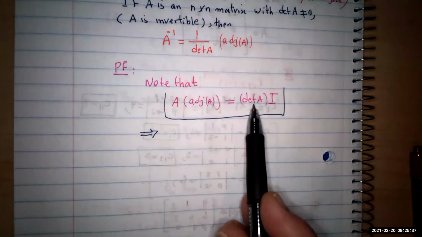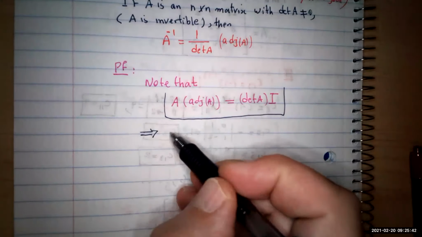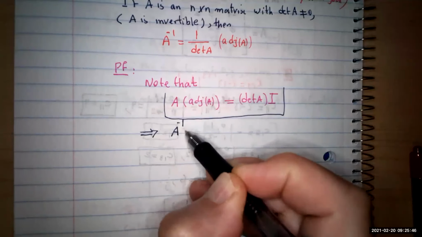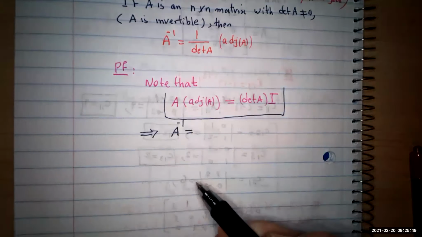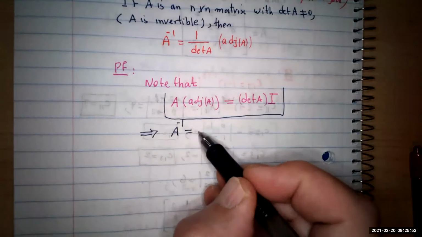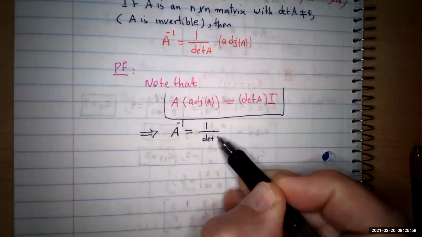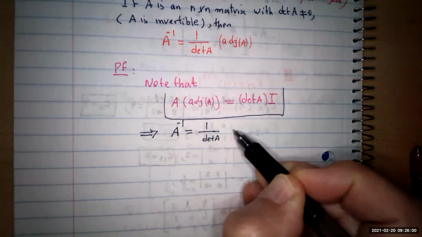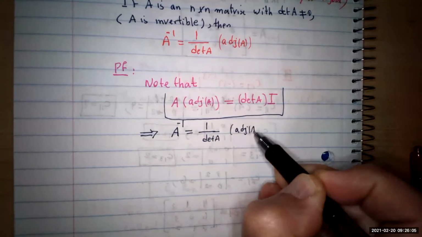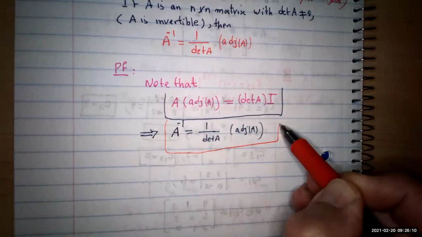So this is just a number. So this means A is invertible, and the A inverse is like dividing, if you like. So A inverse is going to be, if you divide this one by the determinant of A, 1 over the determinant of A times the adjoint of matrix A. So that gives you the formula that we're going to be interested in.